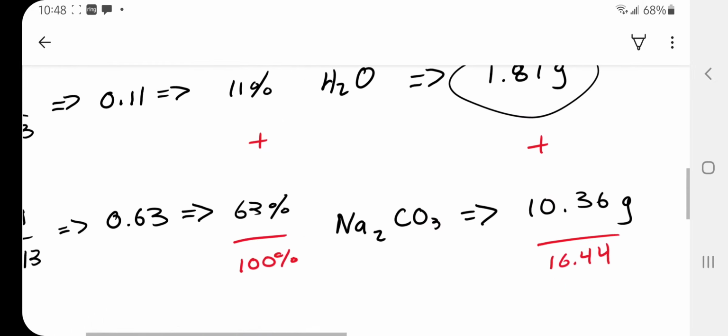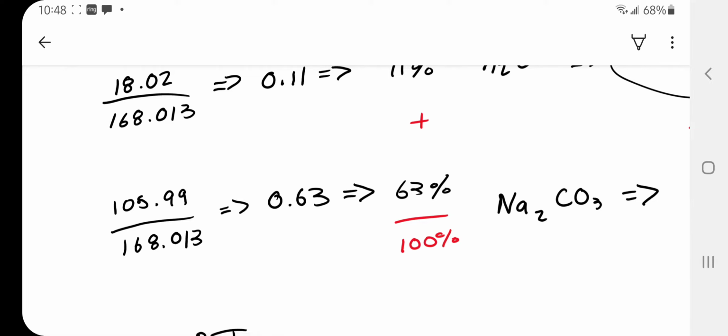And then we do the same thing for sodium carbonate. In this case, it's 105.99 divided by 168.013. In doing that, we get 0.63, which simply translates into 63%.